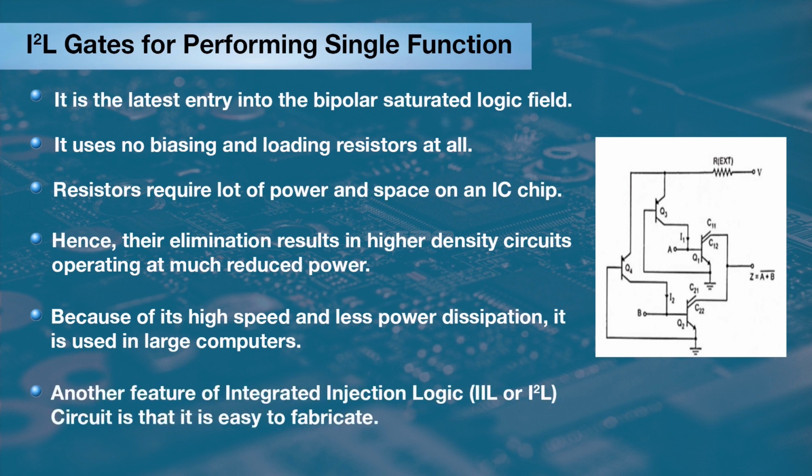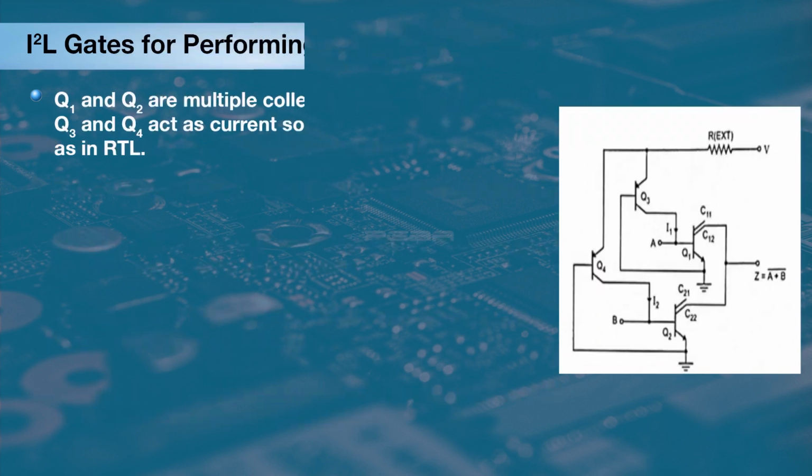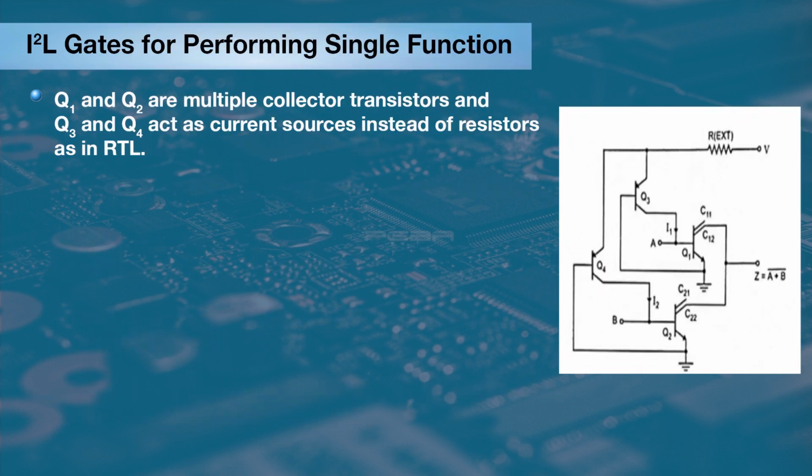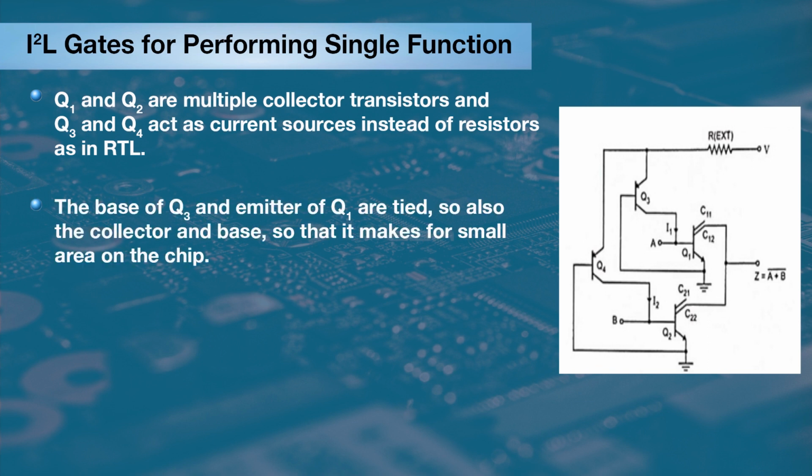Another feature of integrated injection logic, I2L, is that it is easy to fabricate. Q1 and Q2 are multiple collector transistors, and Q3 and Q4 act as current sources instead of resistors as in RTL. The base of Q3 and emitter of Q1 are tied, as are collector and base, which makes it occupy a small area on the chip.